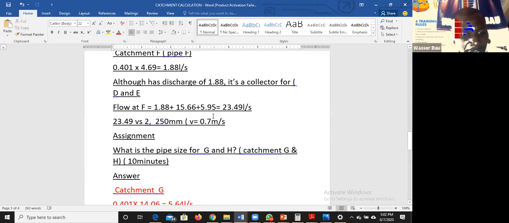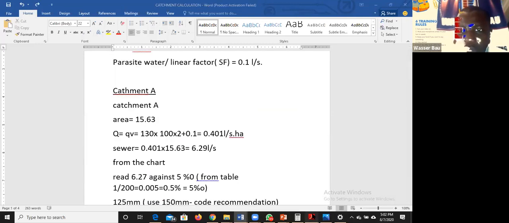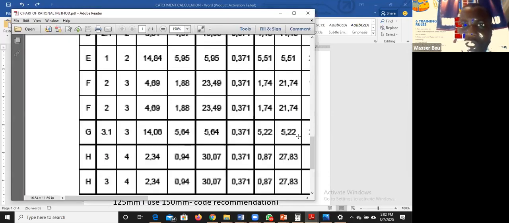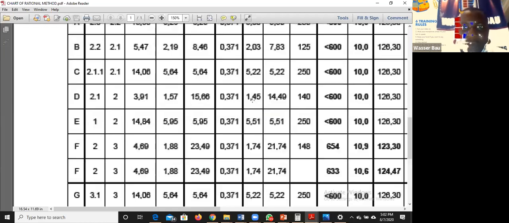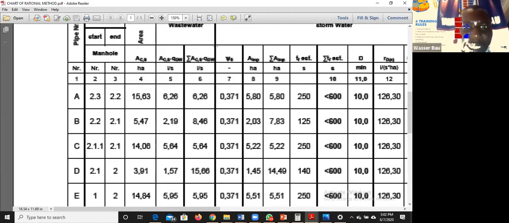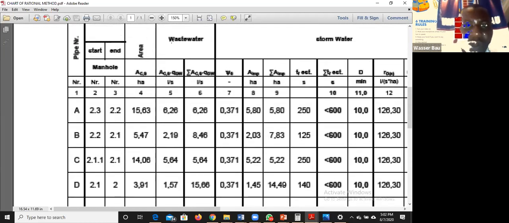The next thing we're going to do. So what you have here, you now create a calculation sheet, and that is what you have here between this place and this point. You can see where it's written wastewater. The next thing we're going to do now is we're talking about stormwater. So you now create a calculation sheet and put the area of catchment, put the flow, and put the accumulation flow, the summation.